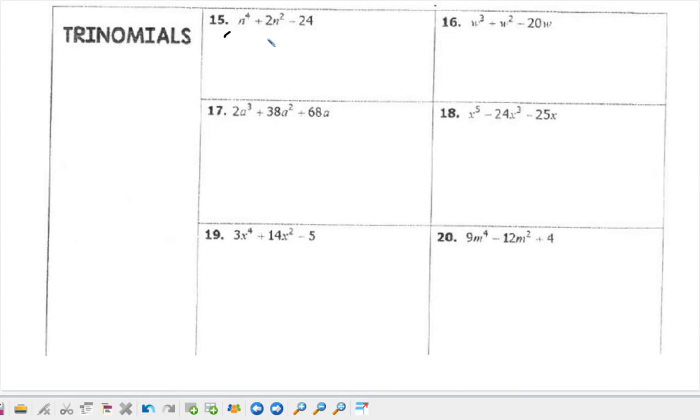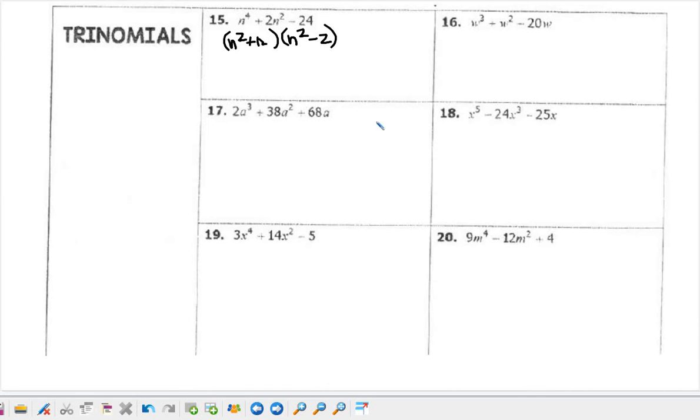But it factors exactly the same way. Just instead of putting n and n, we're going to put n squared and n squared. So then we figure what factors of negative 24 are going to add to be a positive 2. So a positive 12 and a negative 2.